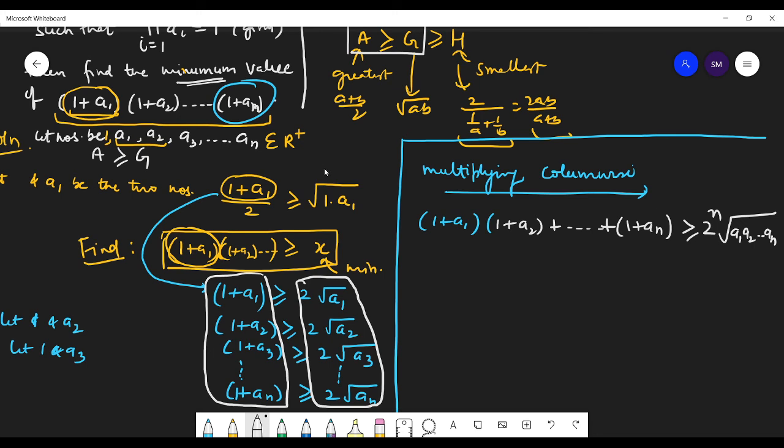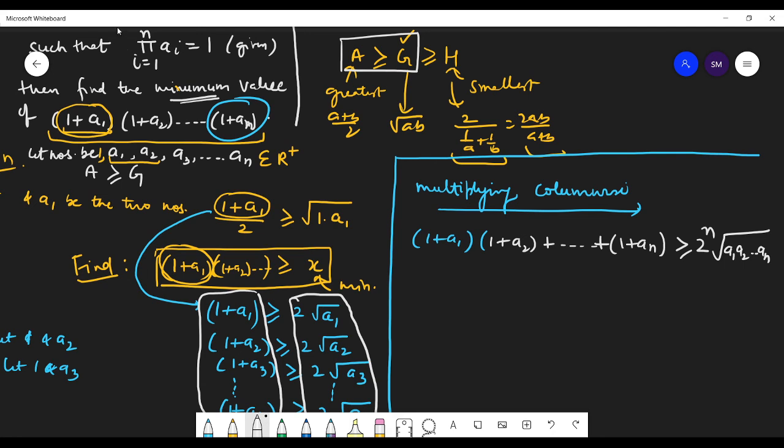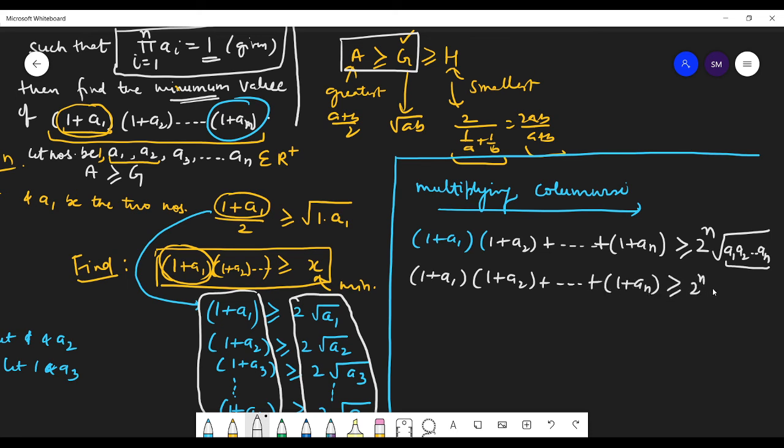And what is given to you, students? It is given that the product of A1, A2 and up to An is what? 1. So you can rewrite it as 1 plus A1 into 1 plus A2 and so on up to 1 plus An is greater than or equal to 2 raised to the power n under the root 1.